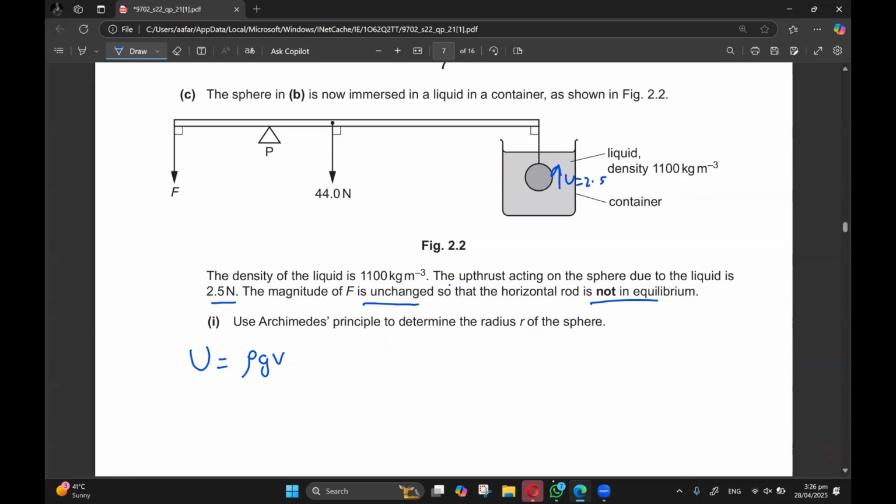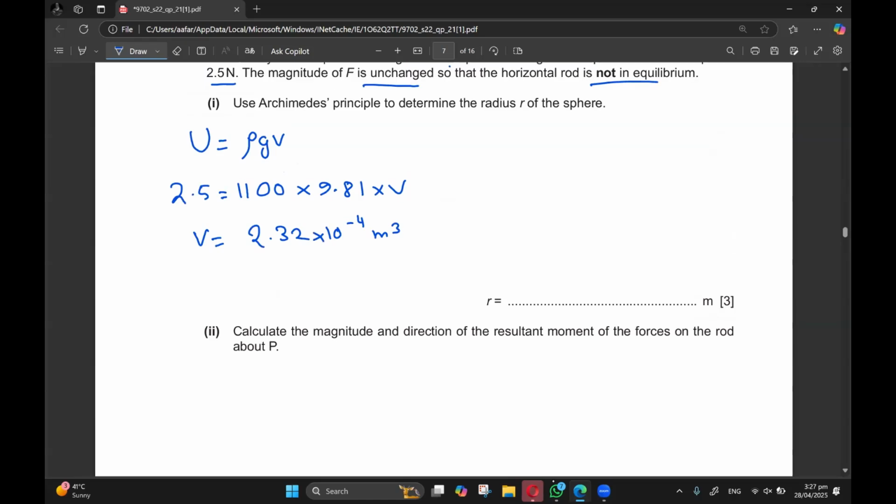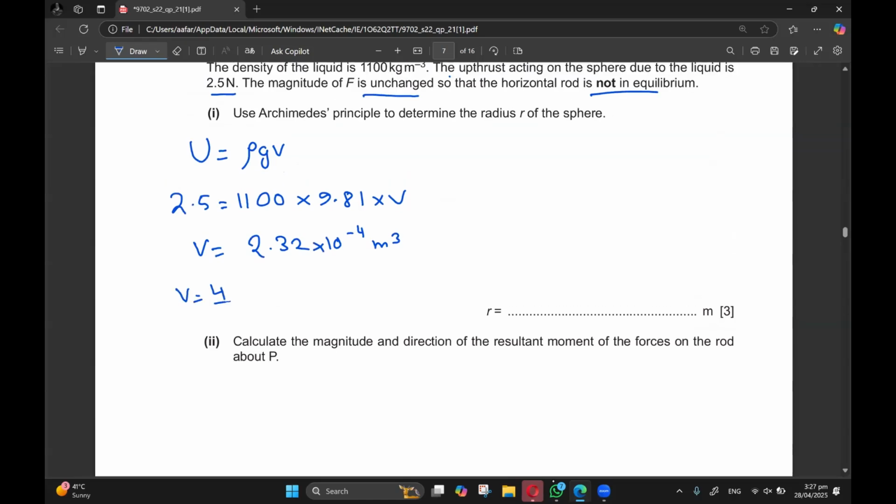So the upthrust is 2.5. So 2.5 is equal to density, they've given us 1100, times gravity 9.81, times volume. If we can find the volume, we can find the radius. The volume we get is 2.32 times 10 to the power negative 4 meter cube. And we know that volume is 4 over 3 pi r cube.